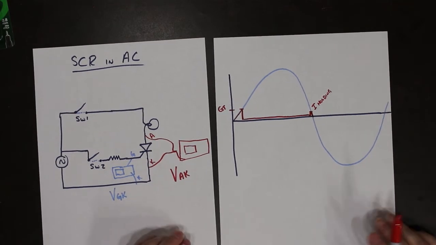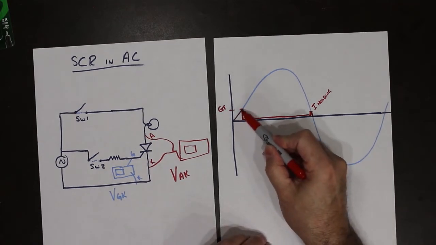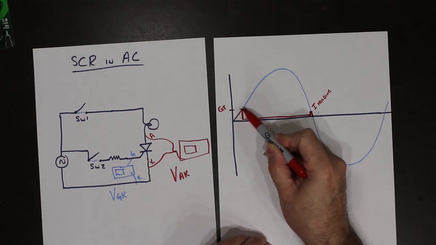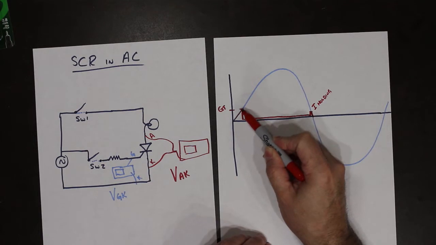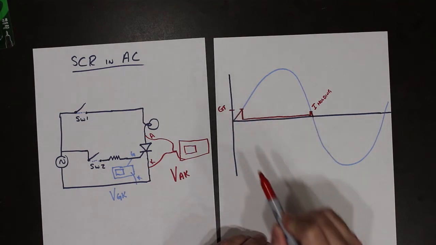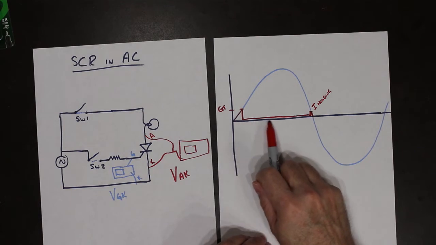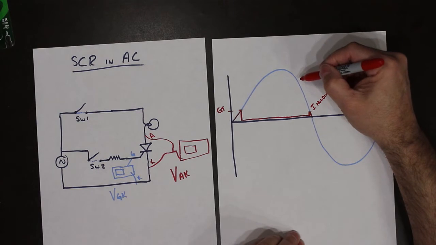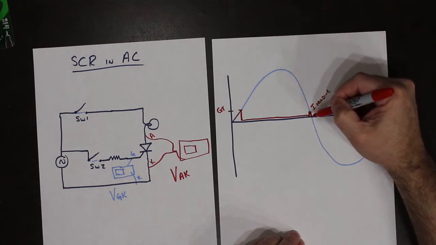So typically what we have is a spike on this side as the voltage has to increase to a point where it's large enough to turn on the device. The device is on during this time until the voltage falls and gets close to the 0 reference.